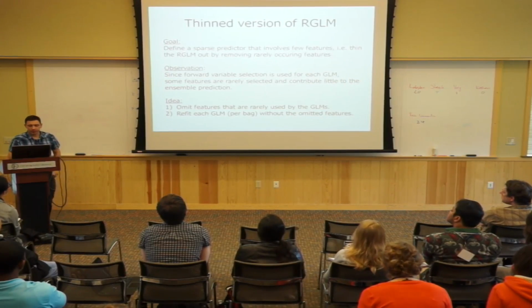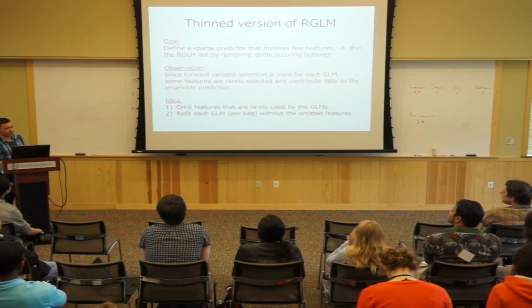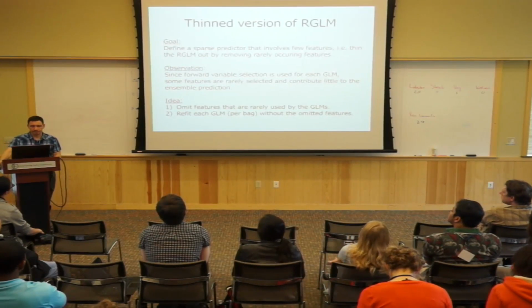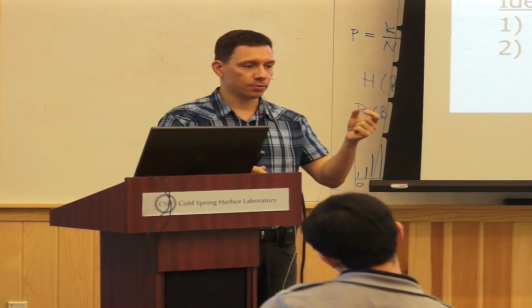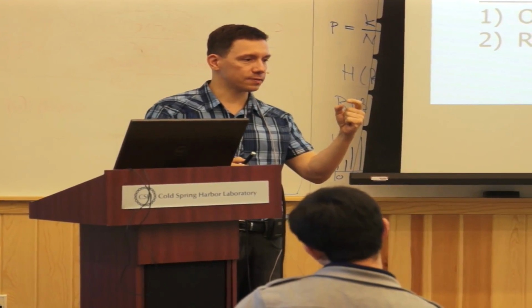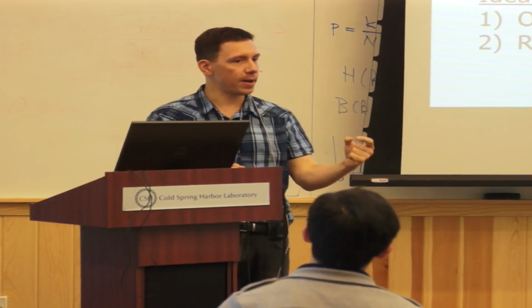And this idea is based on the observation that in each bag, of course, forward variable selection is used, and it turns out that some features are rarely selected. So let's say you have your random GLM predictor, and it is based on 300 genes, but it could turn out that one of these 300 genes was only selected in one bag.